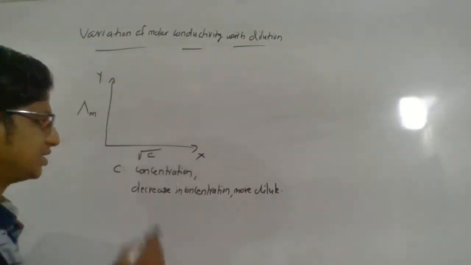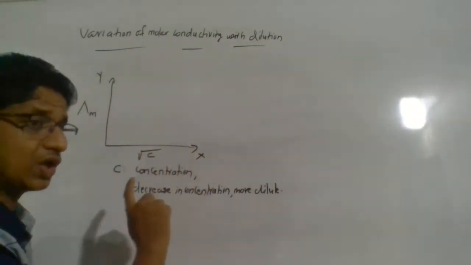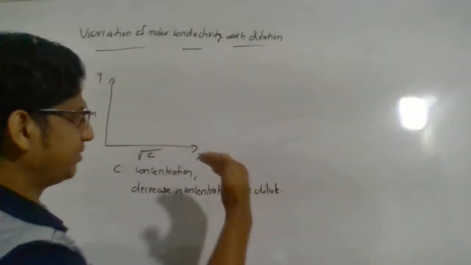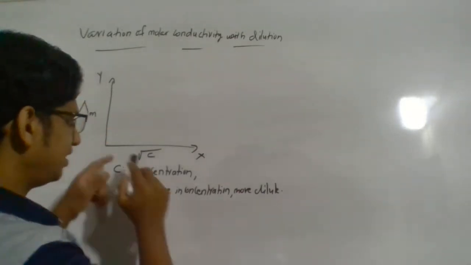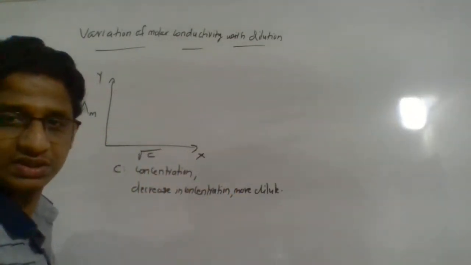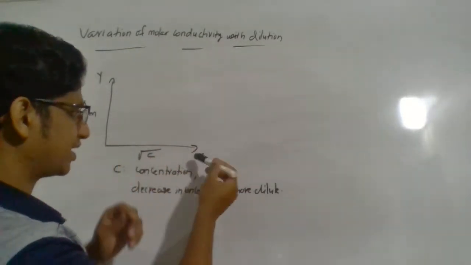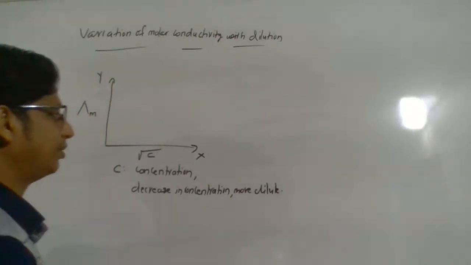Now imagine in this direction from left to right on the x-axis, the concentration increases, which means in the reverse direction, dilution increases. In this direction concentration increases, and in the reverse direction dilution increases. Something you have to remember.